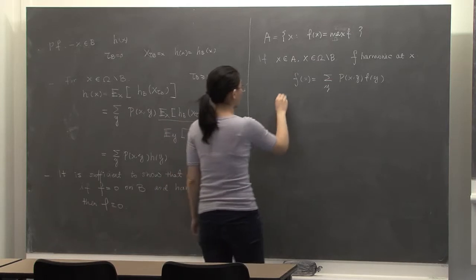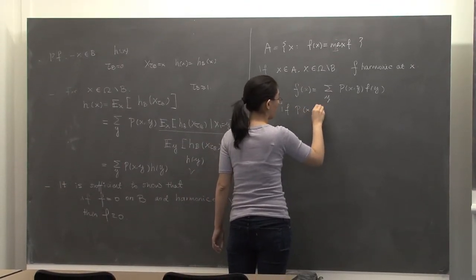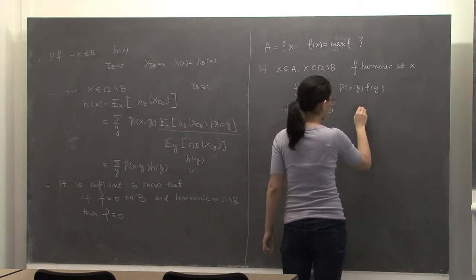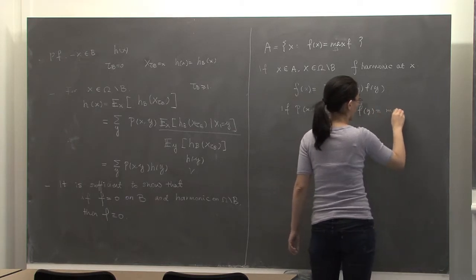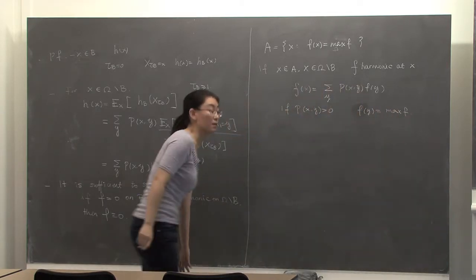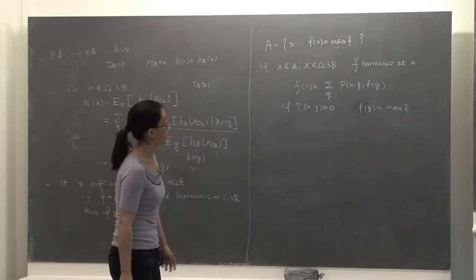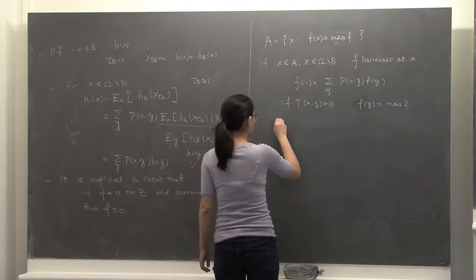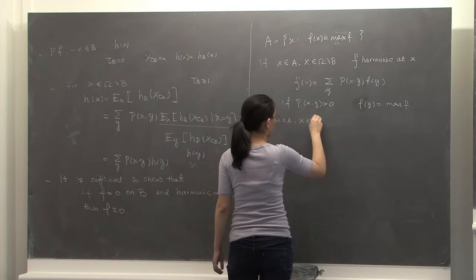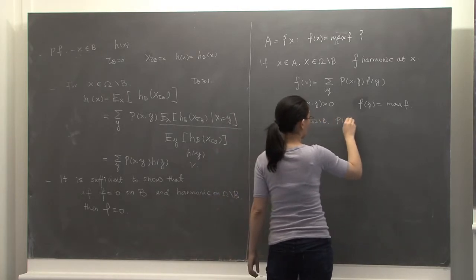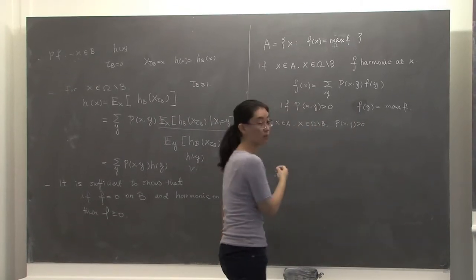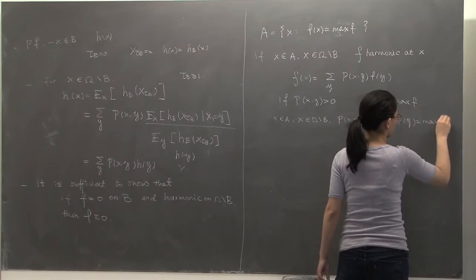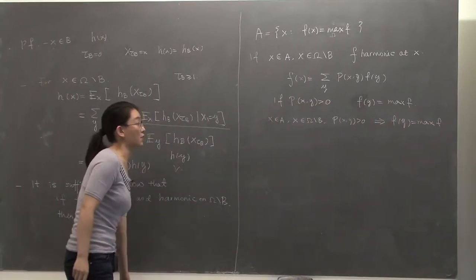And here, if pxy is strictly positive, then fy also needs to be the max. This is what we proved in the second lecture, I think. So in the first step, if x is in A, x is not in B, and pxy is strictly positive, combining these three conditions, fy also equals the max of the function. So this is the first step.